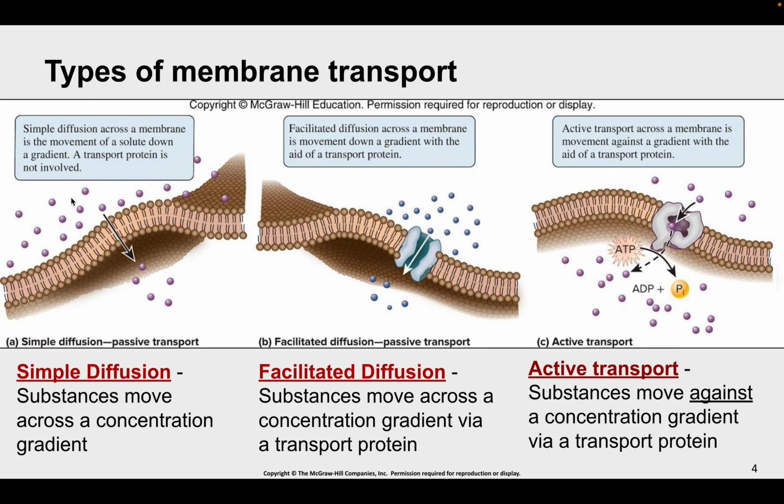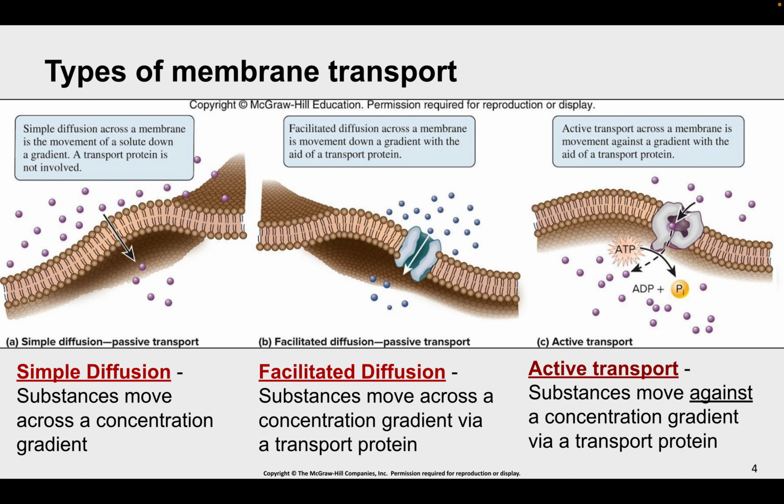And this solute is going to want to move from an area of high concentration to an area of low concentration, which is what it's doing in this image. Now, this image represents simple diffusion, which means it simply goes through our phospholipids and out the other side. It doesn't need any help.